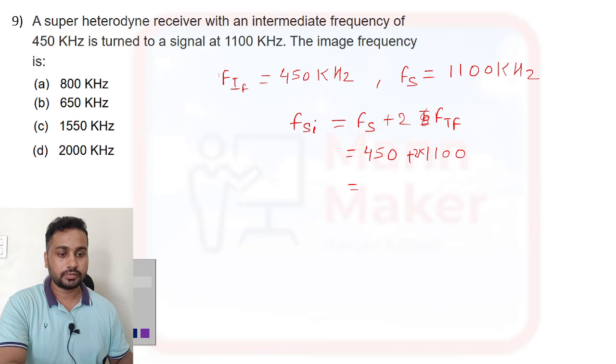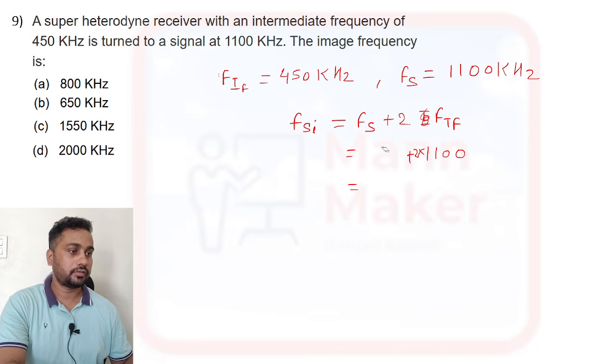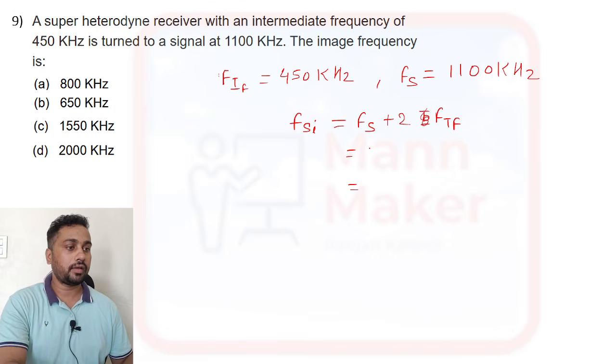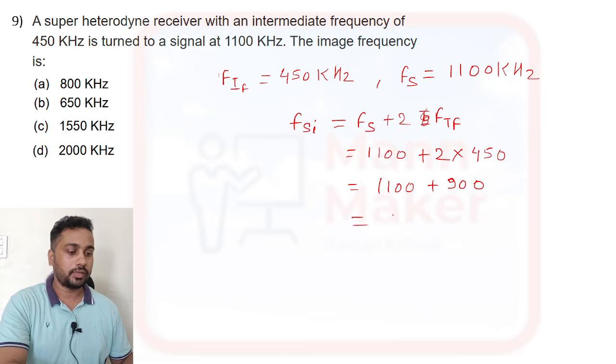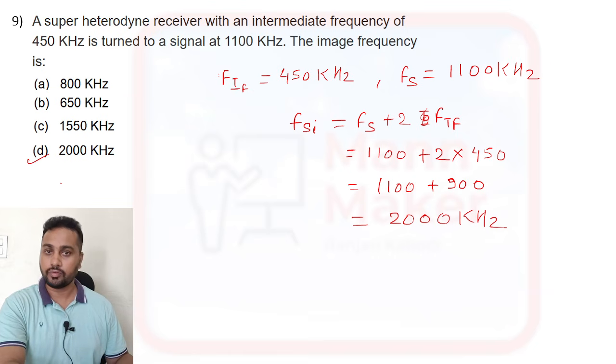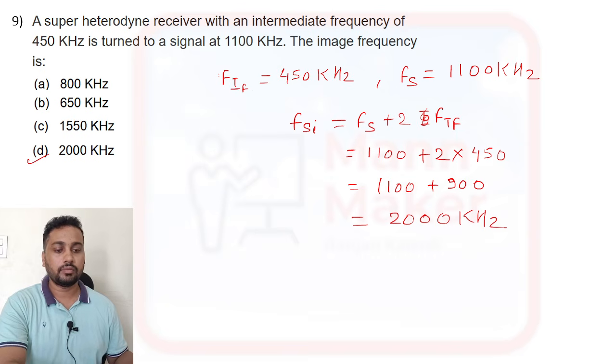Just a second. The value we have written wrong. So for Fs we have 1100 and twice 450. This is the right value. So 1100 plus 2 into 450, that is 900 kilohertz. Now this will come to 2000 kilohertz. So from this, option D is your right answer. Like that you need to calculate image frequency.